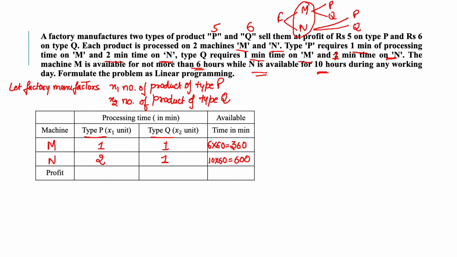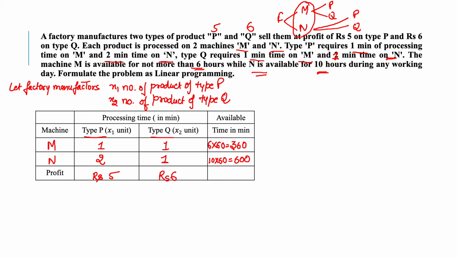Now what we have is profit. For a type P product we have ₹5 profit after selling it. Similarly, for type Q we have a profit of ₹6.